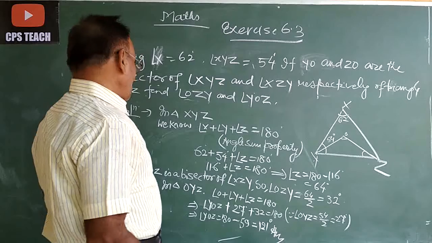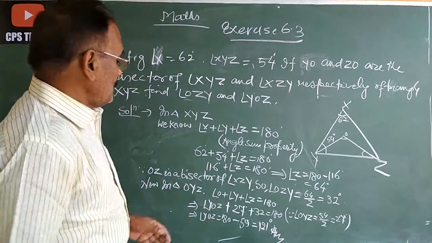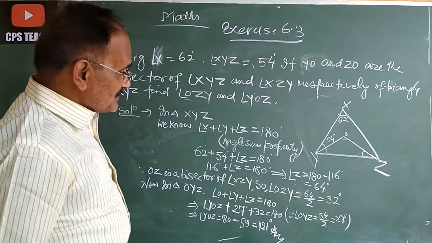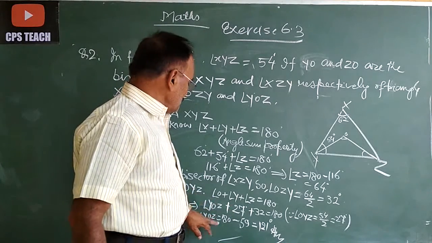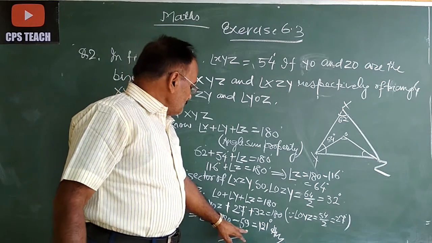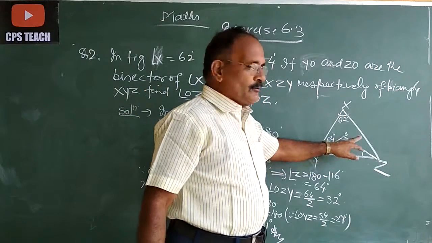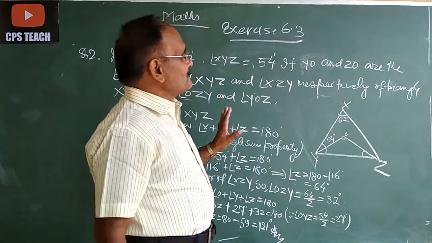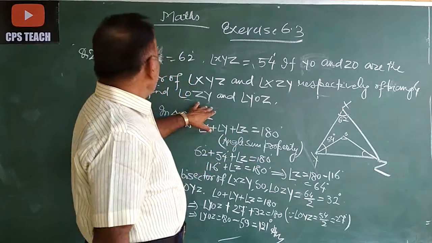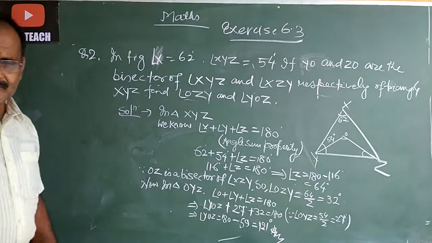This is the answer. YOZ is equal to 180 minus 59 is equal to 121. This is the value of angle YOZ, and this is the method by which we can solve the problem. That's all.